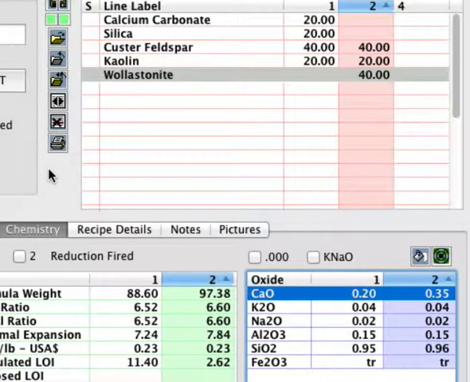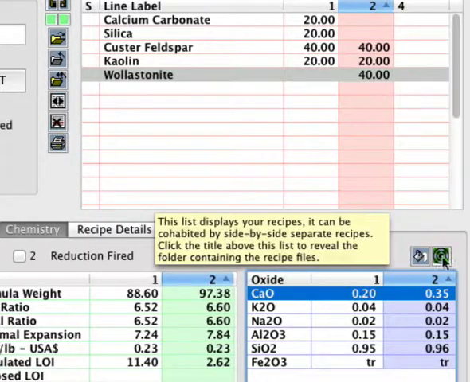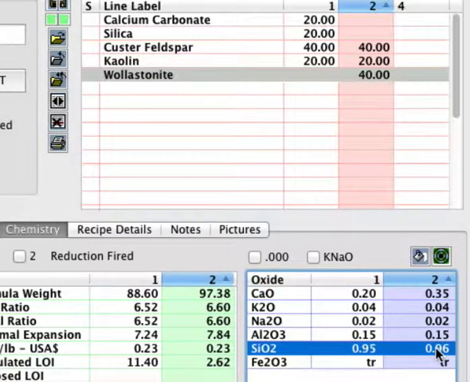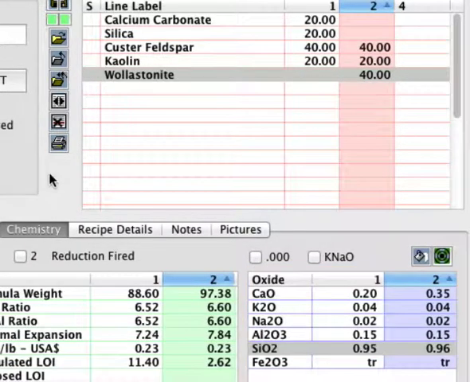Now with the calculation set on no unity, let's just compare these formulas again. Notice the calcium oxide is way up, and that's kind of expected because we have 40 grams of wollastonite versus 20 of calcium carbonate. And notice the silica is practically the same. So that means 40 grams of wollastonite supplies about the same amount of SiO2 as 20 of silica powder.